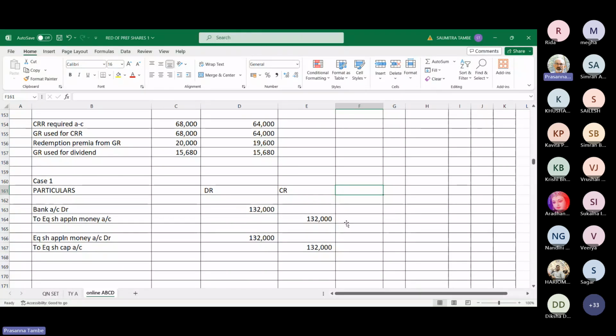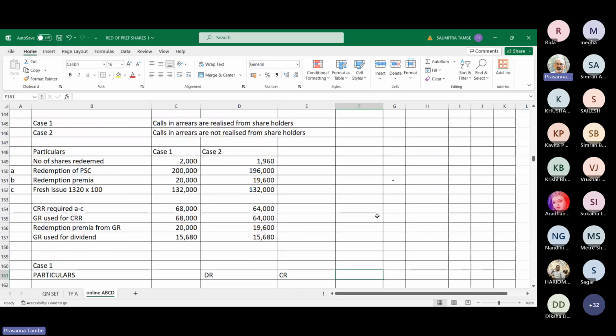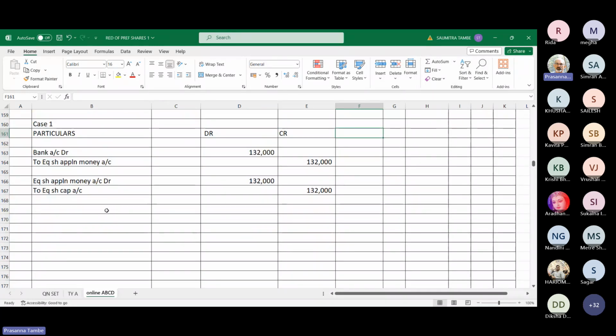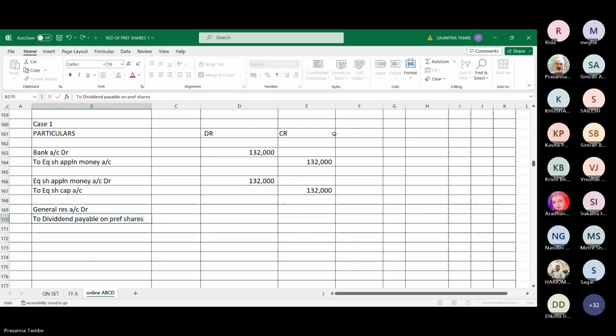Can I go to the third entry? Yes, sir. Okay. Now we'll have to make a provision for this premium. Before we go ahead with redemption, we'll have to make the payment of premium. So my next entry will be not premium, sorry, dividend. So my next entry will be general reserve account debit to dividend payable on preference shares.